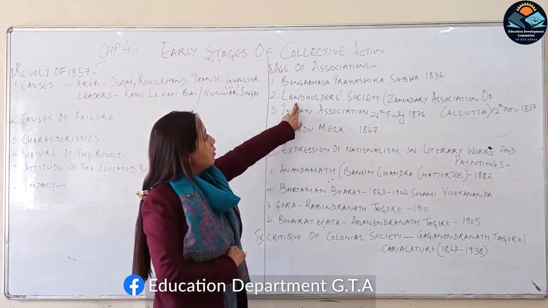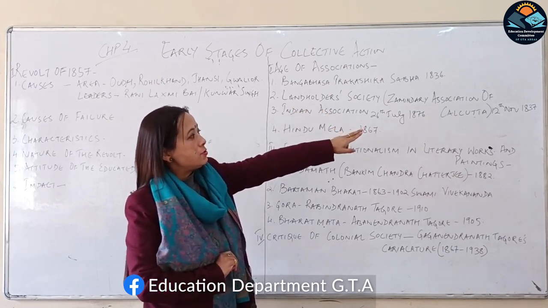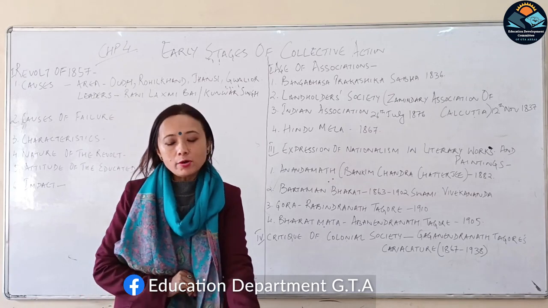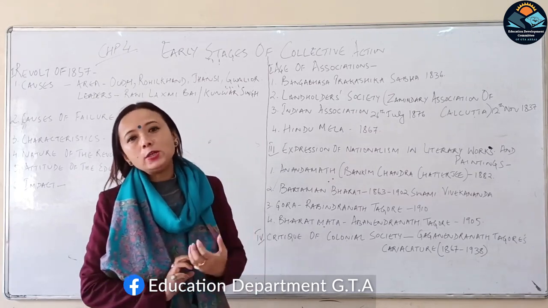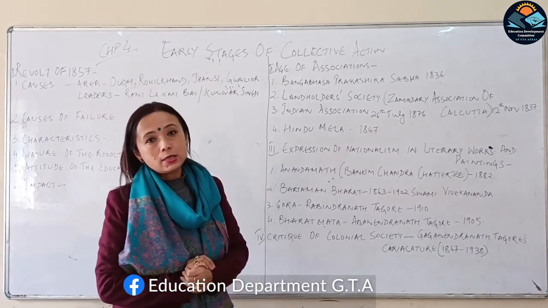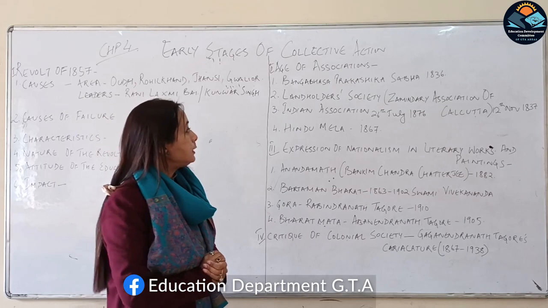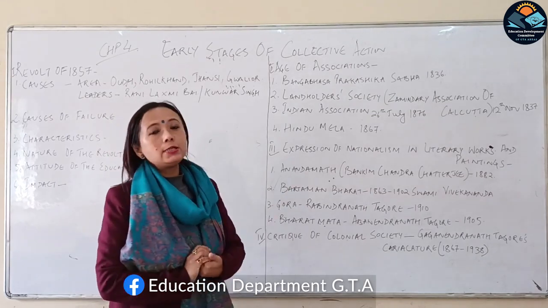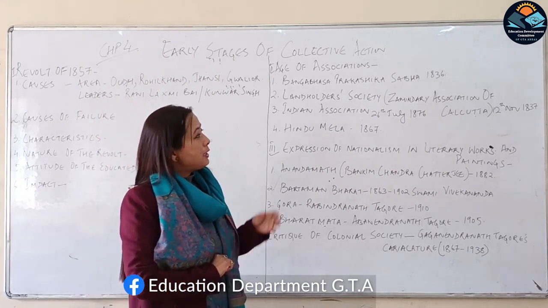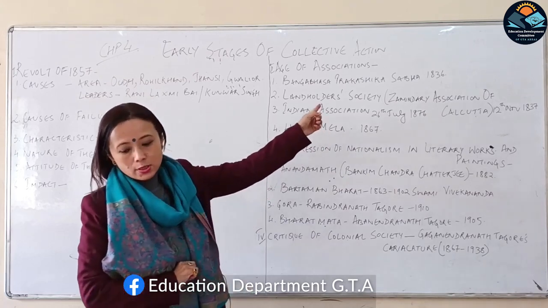Next, we shall talk about the Landholders Society or the Zamindari Association of Calcutta. Now, the first association organized with a specific political outlook in India was the Zamindari Association of Calcutta, which was established on 12th of November 1837.